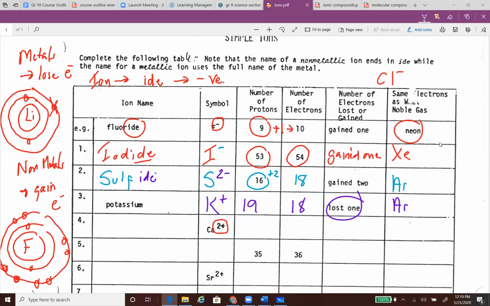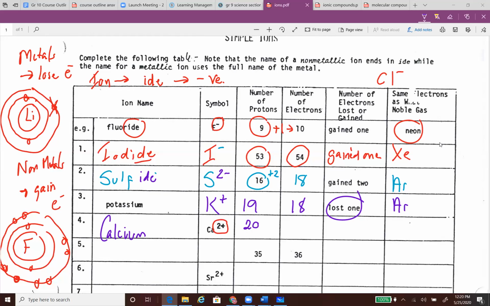And the next row is the symbol is Ca. So we know that's calcium. Okay. Again, remember, if it loses electrons, you do not change the name. So calcium is the 20th element, so it normally has 20 protons. Not normally, always has 20 protons.